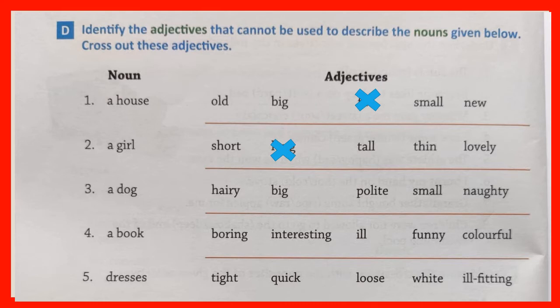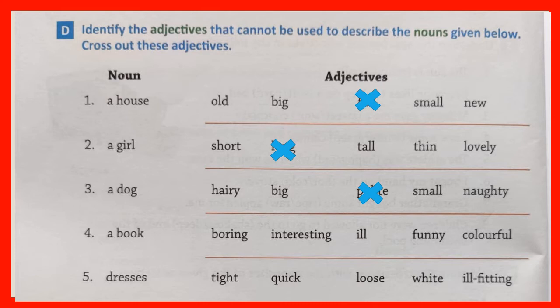So here a dog cannot be polite. So put a cross here. Then small, yes, a dog can be small. And naughty also, right? So which is the incorrect adjective here? Polite.